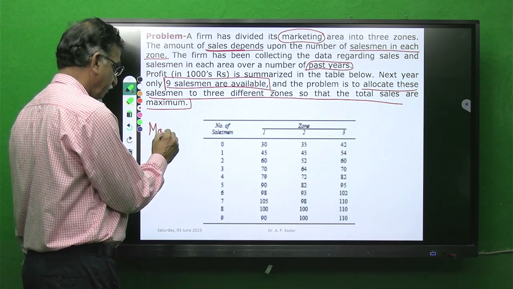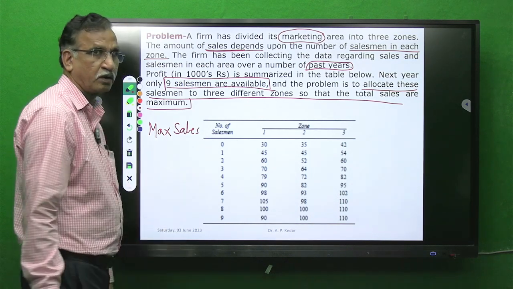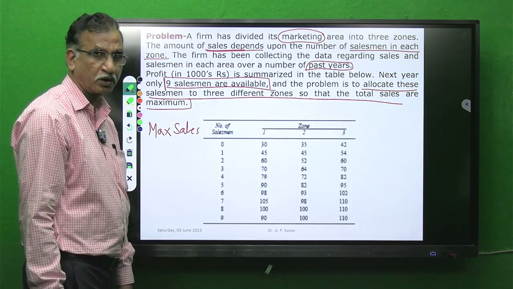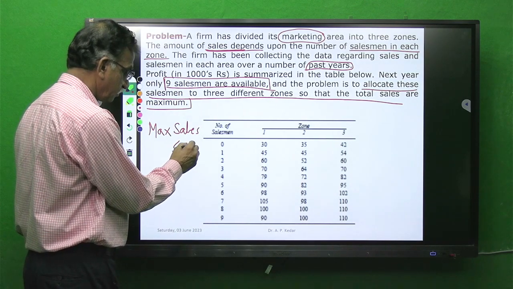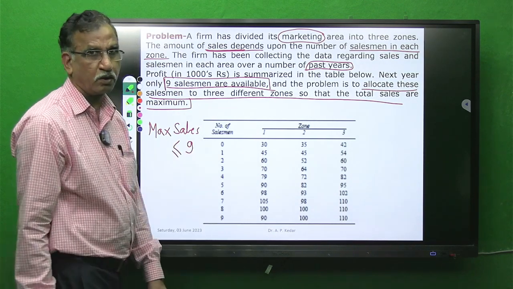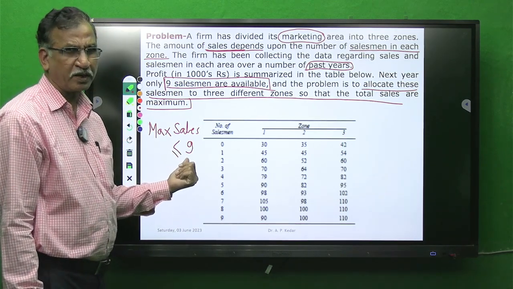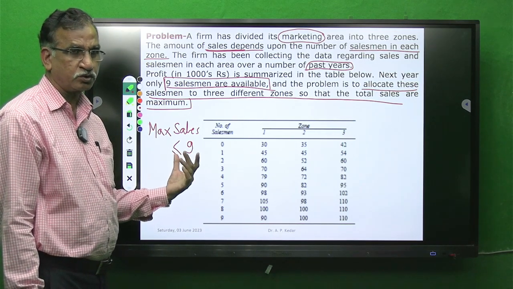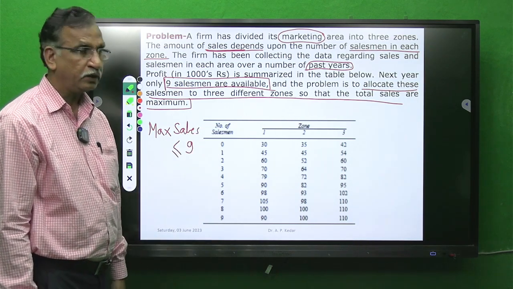maximize sales is the objective function. You have a constraint on the number of salesmen. So the total number of salesmen available is a maximum of 9. Depending on the situation, you can have this combination from 0 to 9.